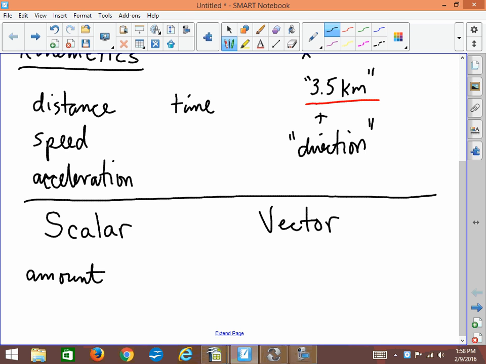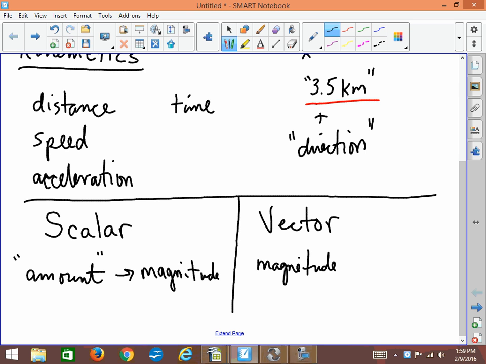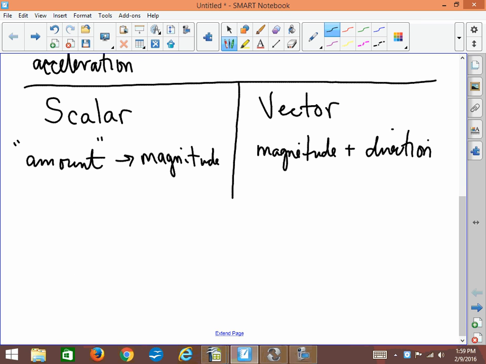And there's a fancy word for amount that we use, and that fancy word is magnitude. We use that in English sometimes too; the magnitude of something represents how big it is. And if you're a vector, you have a magnitude also, but you must also have a direction. So it's a fairly straightforward concept.